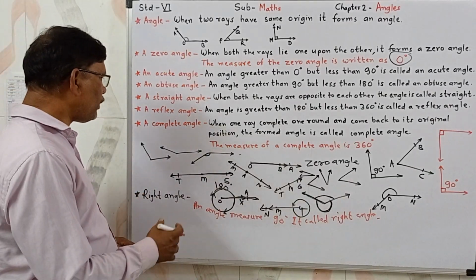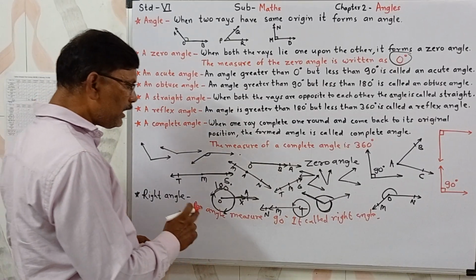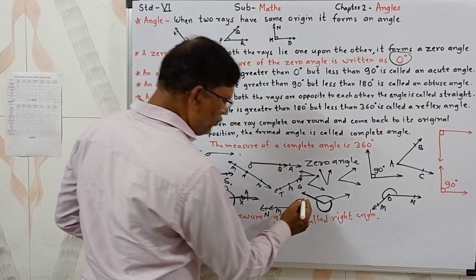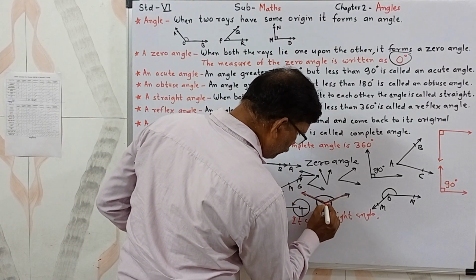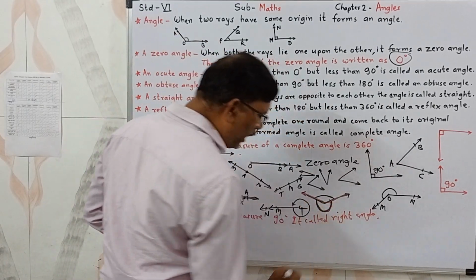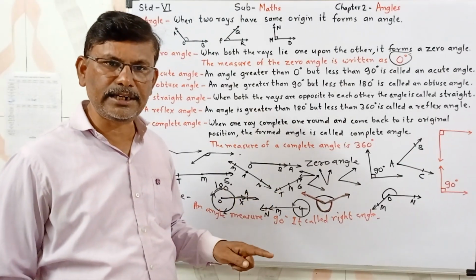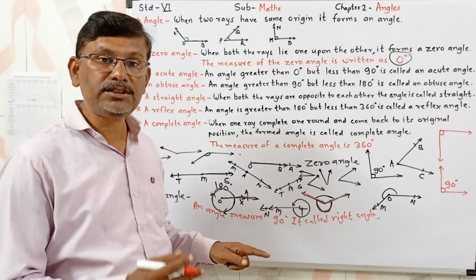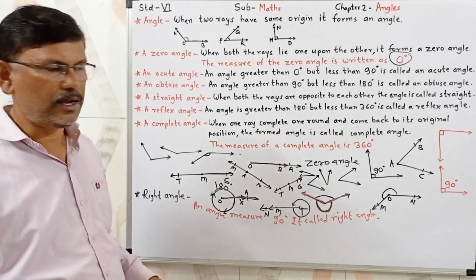Then the next one is a reflex angle. An angle that is greater than 180 degrees and less than 360 degrees is called a reflex angle.